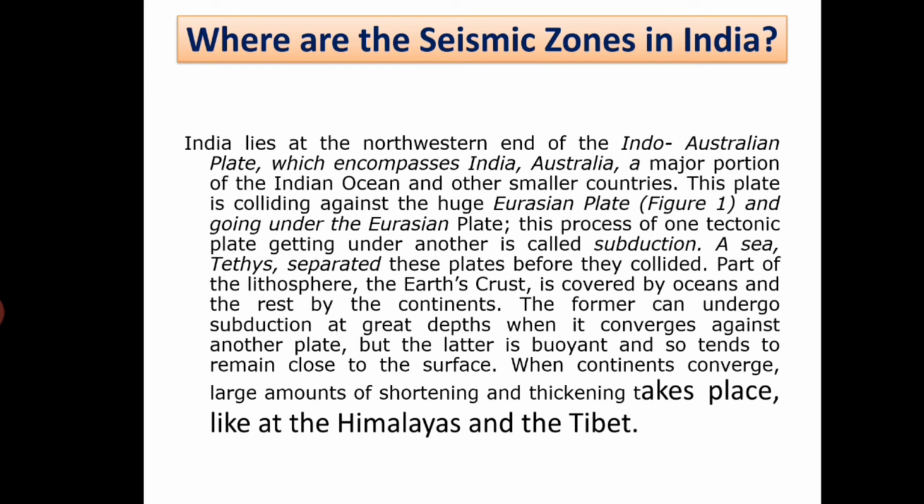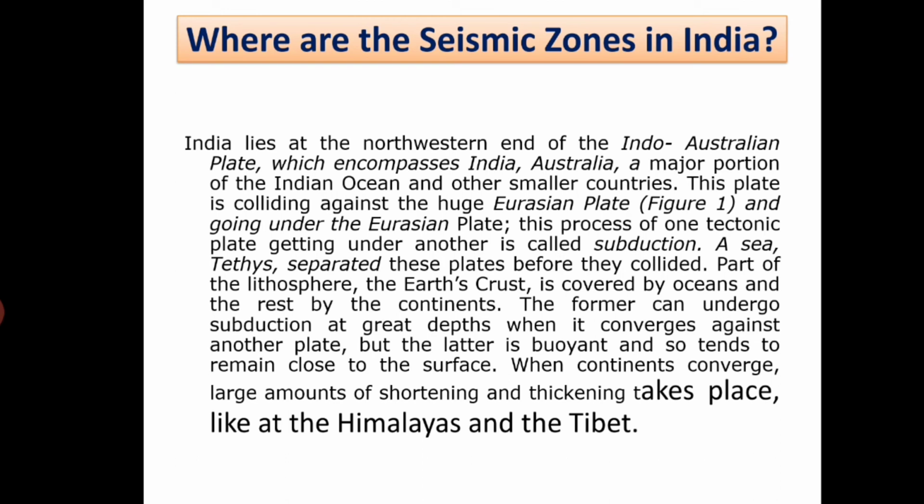The plates spread before they collided. The part of the lithosphere of the earth's crust is covered by ocean and the rest by continents. The former undergoes submersion to great depth, converging against the other plate, but the latter is buoyant and so tends to remain close to the surface. So when they converge, a large amount of shortening and thickening takes place, like the Himalayas and the Tibetan plateau.